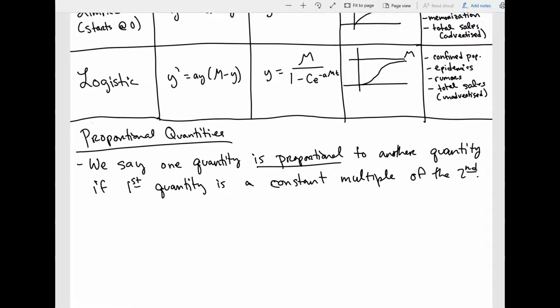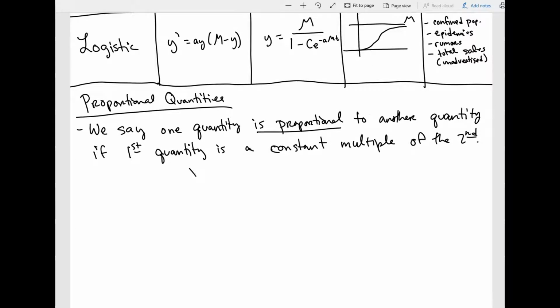You probably have seen in some college algebra class that y is proportional to x. Well, basically what that means is that you have y equals ax. So basically the relationship between x and y is just by a constant a.